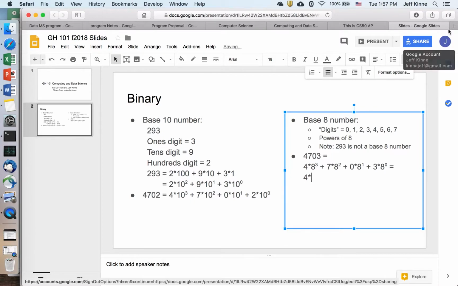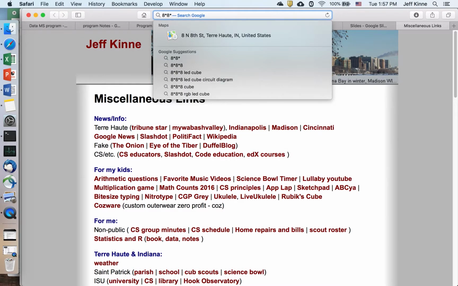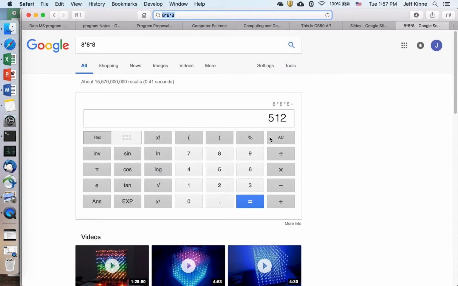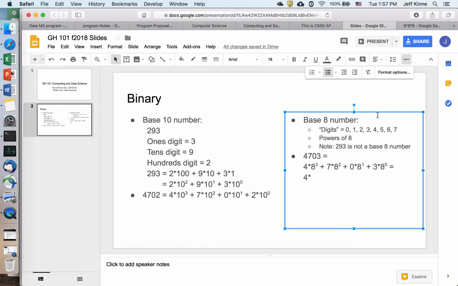4 times, what is 8 cubed? Anybody know offhand? 8 times 8 times 8 is 512. Plus 7 times 8 squared, which is 64, plus 0 times 8, plus 2 times 1. So what is that?